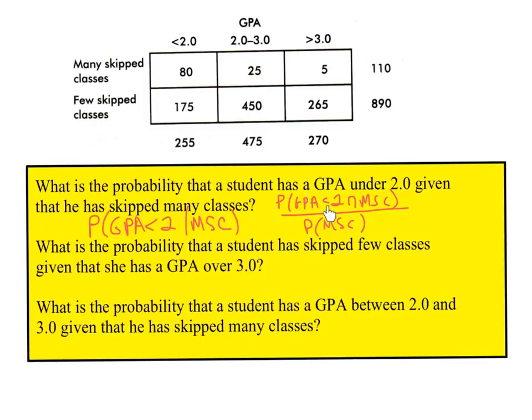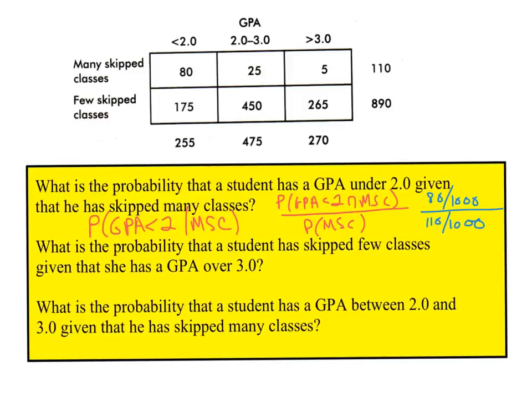GPA under 2 and many skipped classes, so it's these 80 people right here, out of the 1,000 total people. So 80 out of 1,000 divided by the probability of many skipped classes, which was the 110 out of 1,000. So you could see those 1,000s are going to cancel out when you do your calculation anyways.